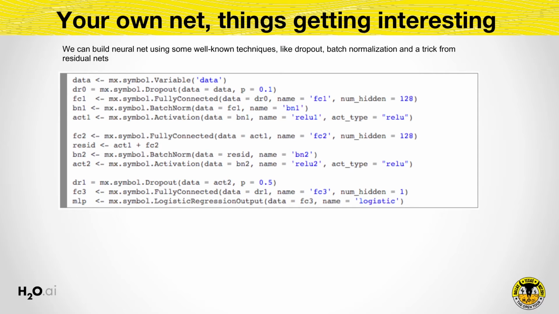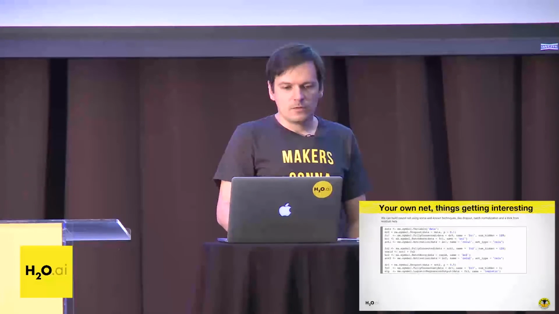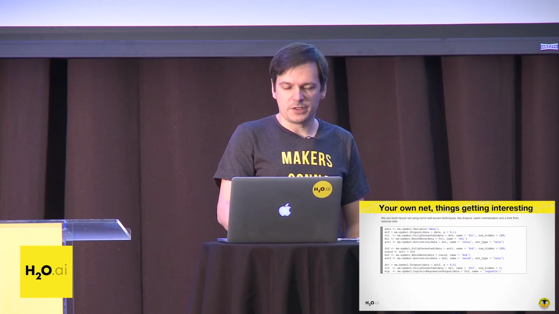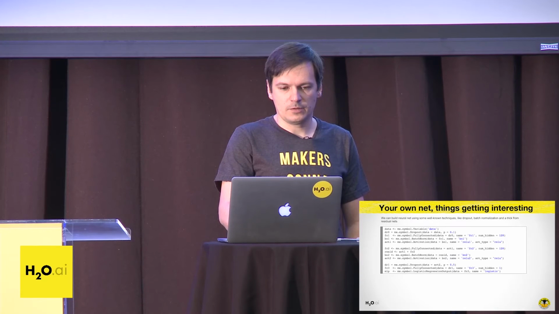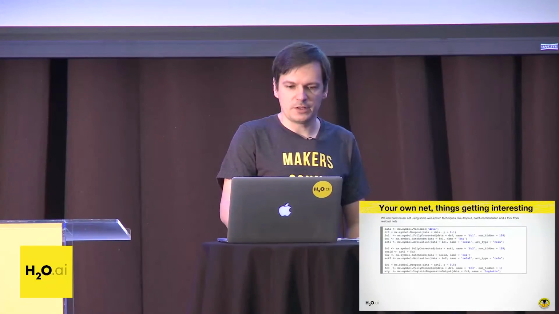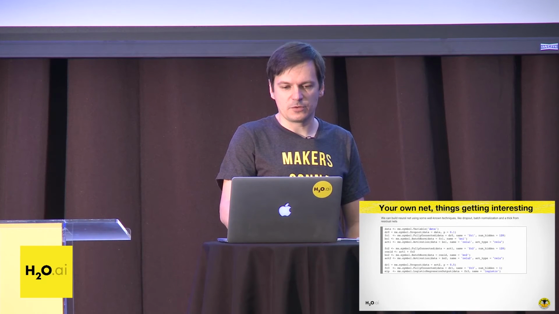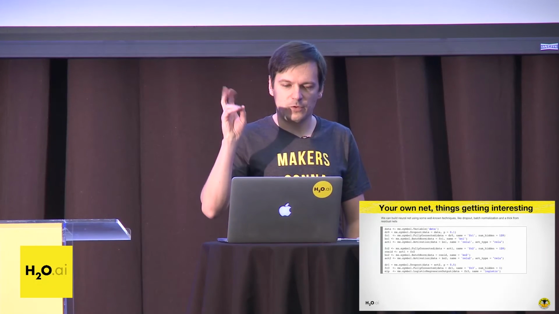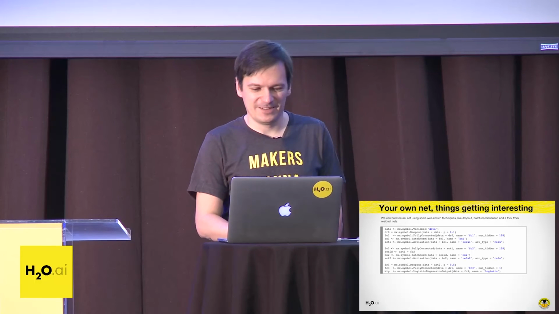Usually, if you have quite noisy data, it helps. I always wanted to try batch normalization using MLP, so I did that. And I also took a trick from residual nets, and connected the layers in a not straightforward fashion, I would say.